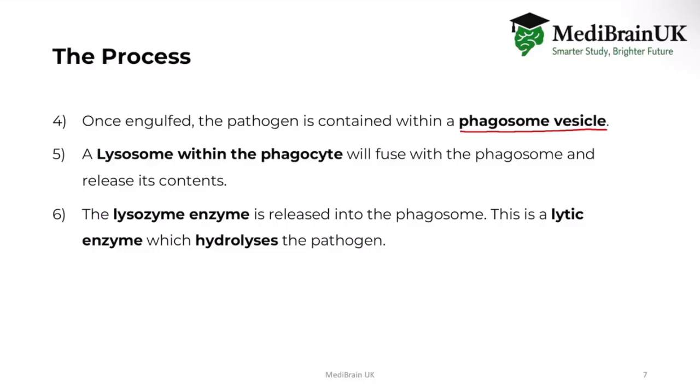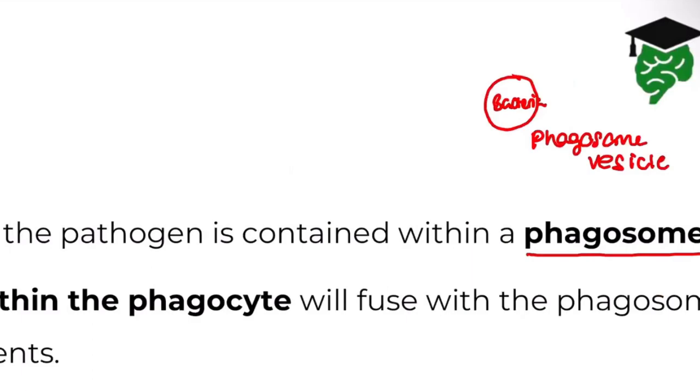Let's look at what's going on. We have this vesicle, this is our phagosome vesicle, and in our phagosome vesicle we have our bacteria. A lysosome is going to come across. These lysosomes are going to move towards this and fuse with the phagosome vesicle.